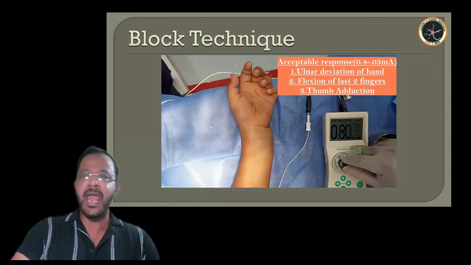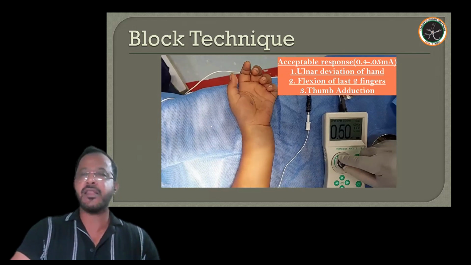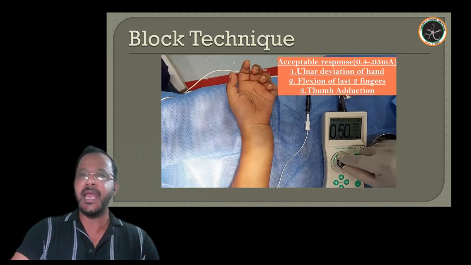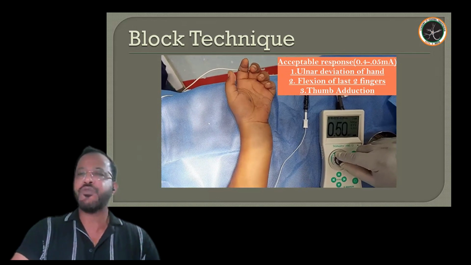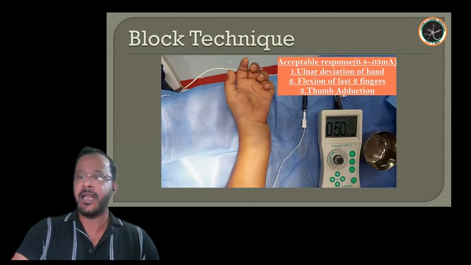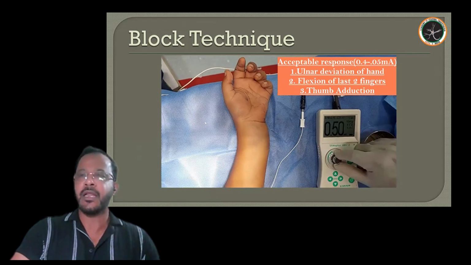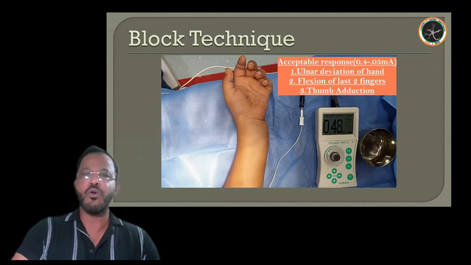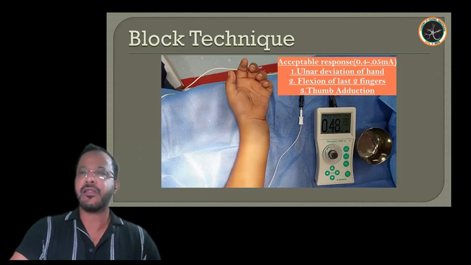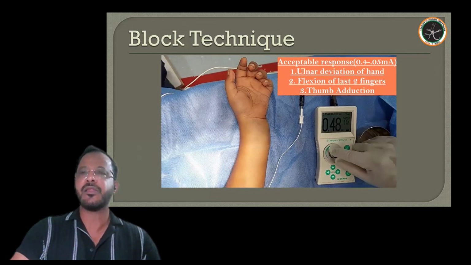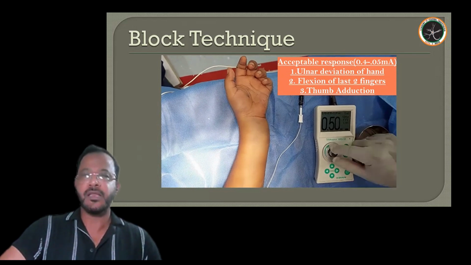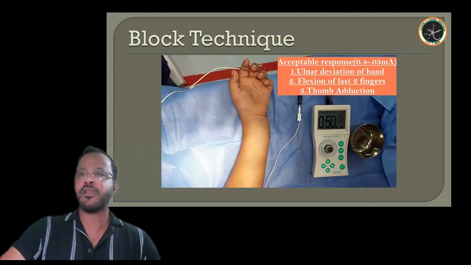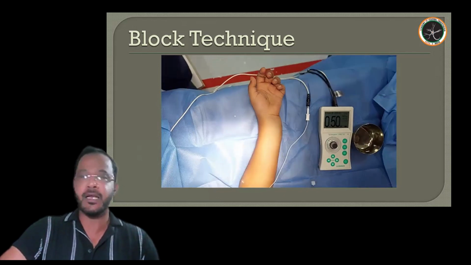If you get any of these responses at 0.4 to 0.5 milliampere, inject around 5 to 7 ml of local anesthetic. And as you inject, your motor response goes off. It means your drug is deposited in the right place. This is a positive Raj sign. So these are the three responses which you will want to see for the ulnar nerve.